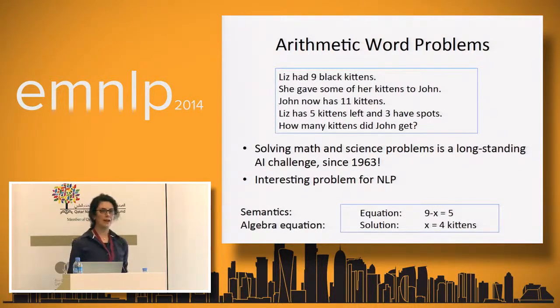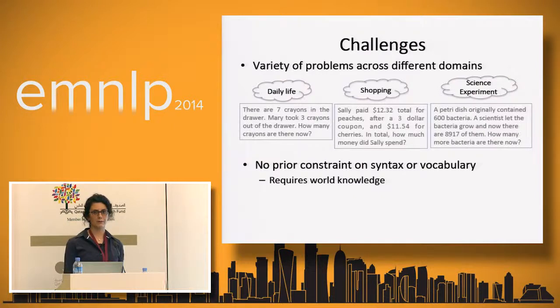It's usually challenging for children to solve these problems, mostly because of the calculation part or the reasoning part. But for computers, it's hard because of the language processing part. This is challenging because we have a lot of problems in a variety of domains and across many different tasks.